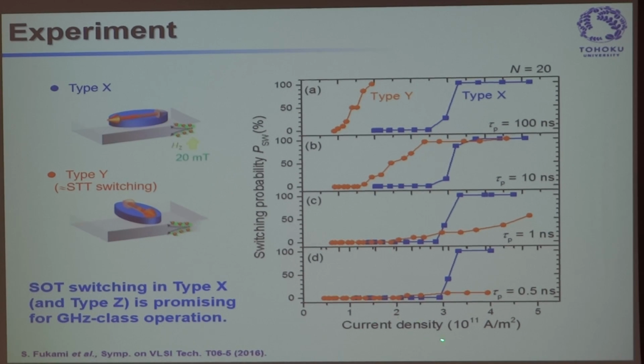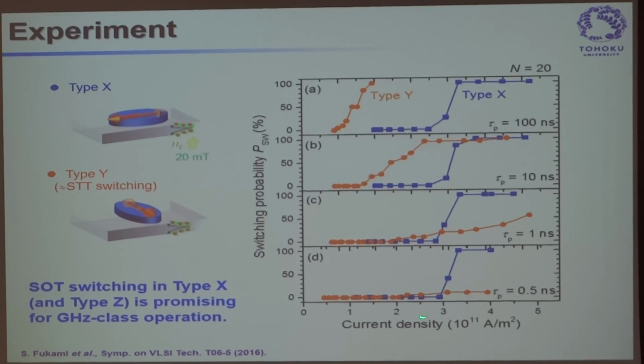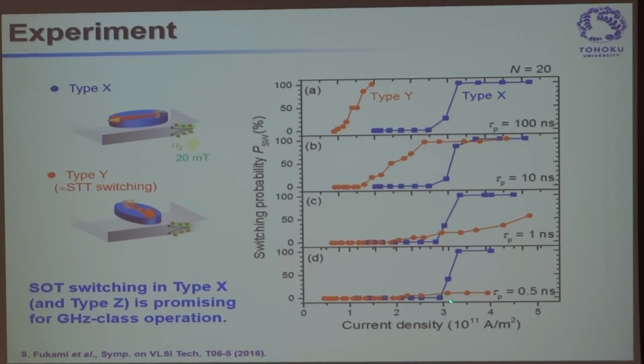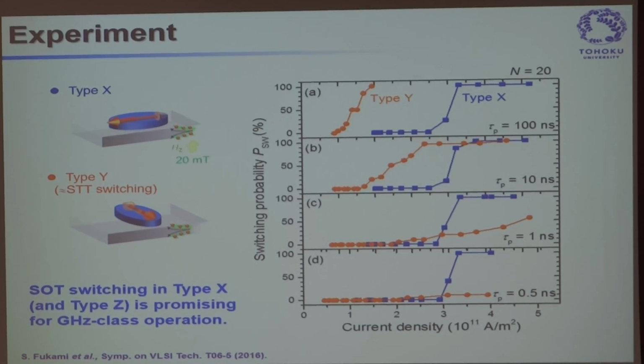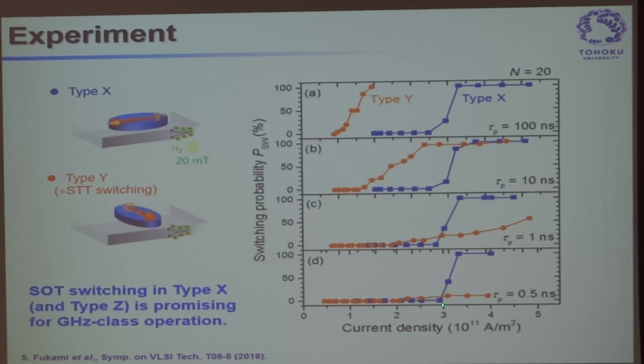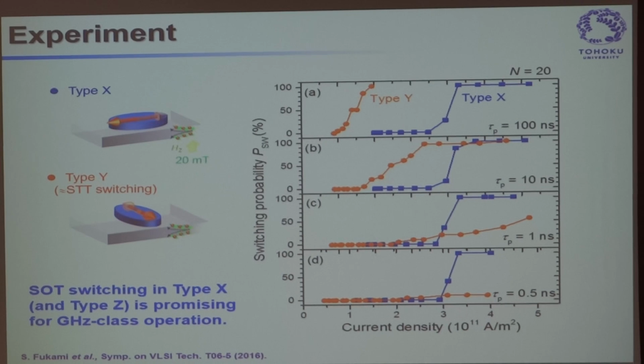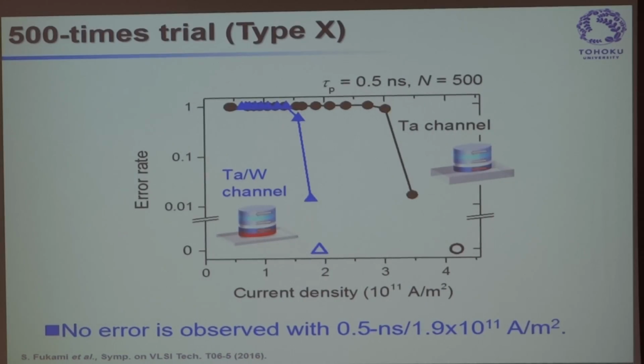So we believe, although this number is still large, 3 times 10^11 amps per square meter, which scares VLSI people off, that this constant switching current is down to 500 picoseconds. It's a very encouraging sign that we can go to high speed operation without investing too much current.